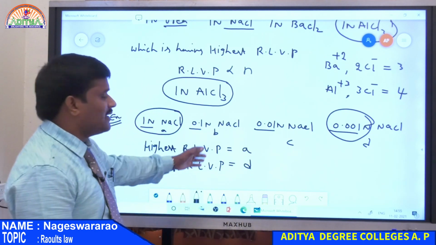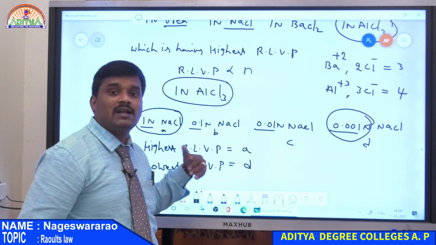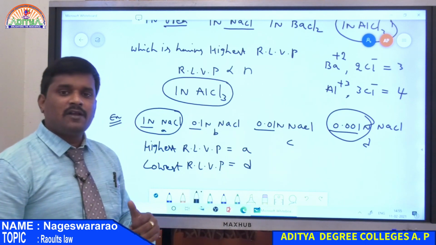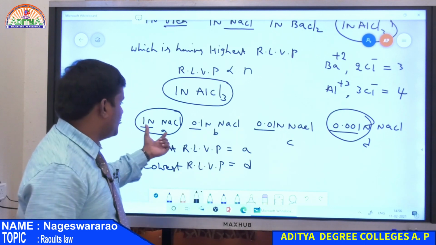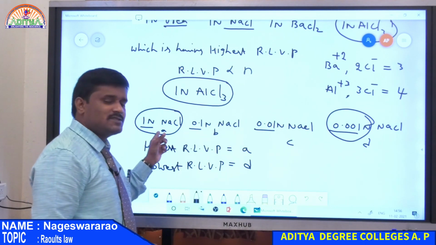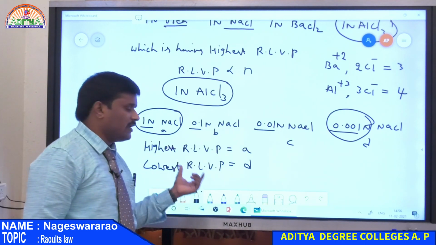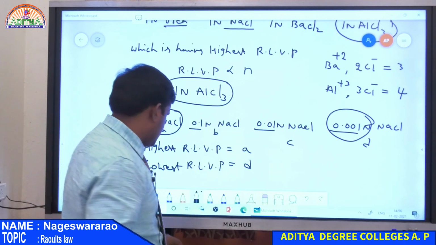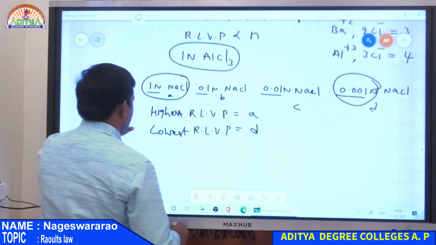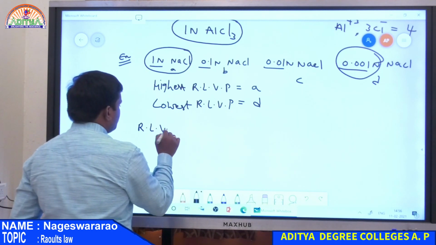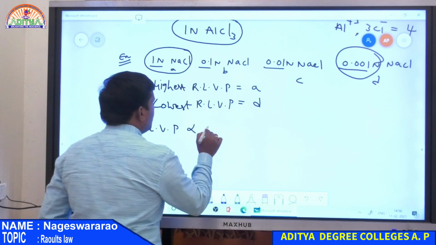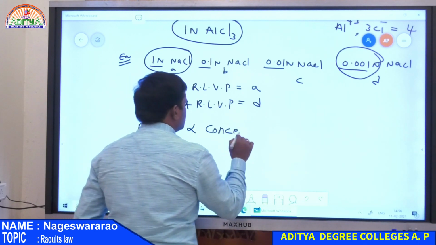So based on the number of moles, or based on the concentration: as the number of moles increases, colligative properties increase. Similarly here, as the concentration increases, relative lowering of vapor pressure also increases. So from this example, we conclude that RLVP is directly proportional to the concentration of the solution.